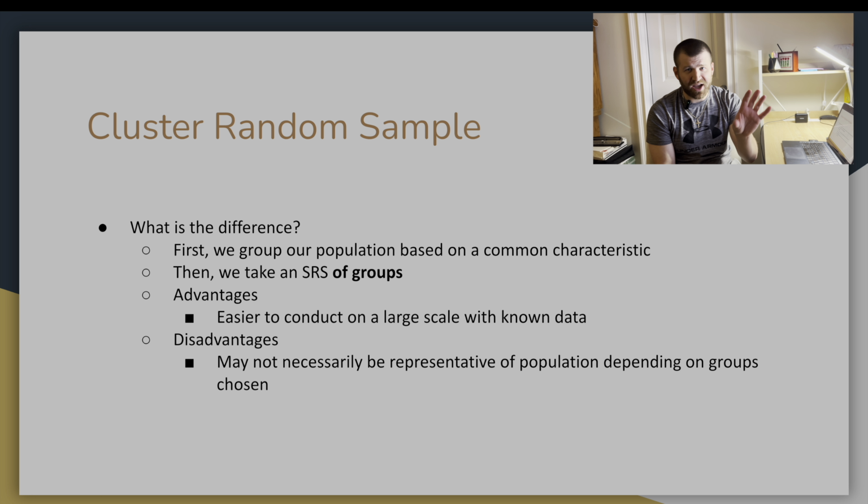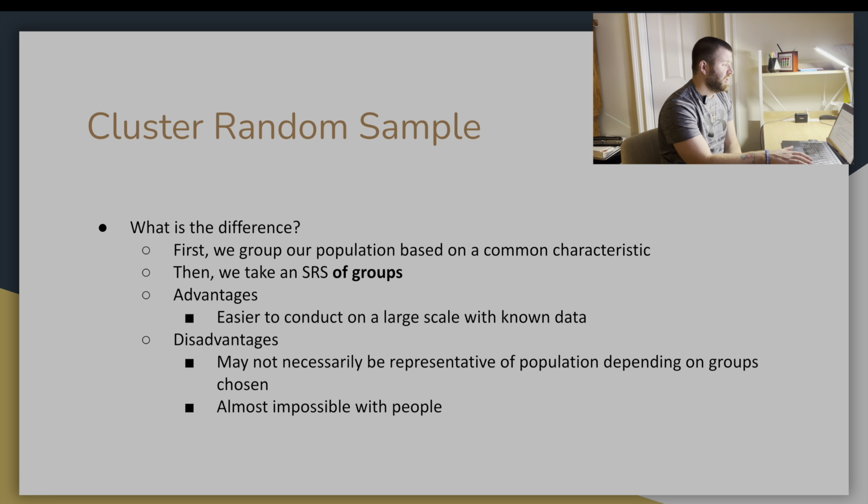If I miss Alaska or Hawaii, things there may look very different than they do for the lower 48 states. And so you may end up with something that isn't as representative as you hoped. And like I said before, this is almost impossible to do when you're dealing with people.